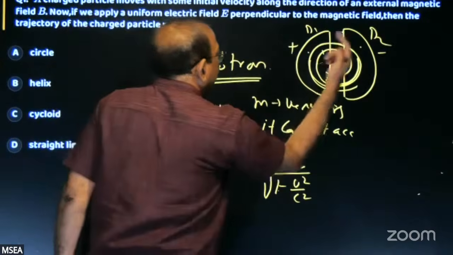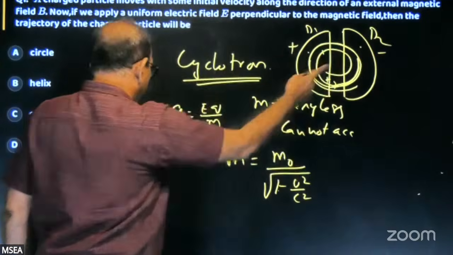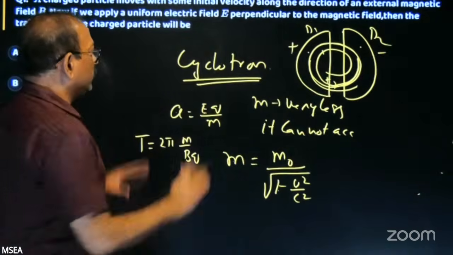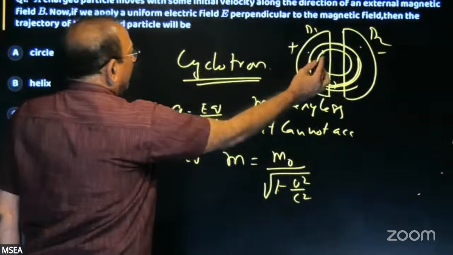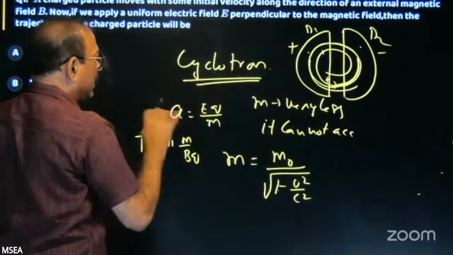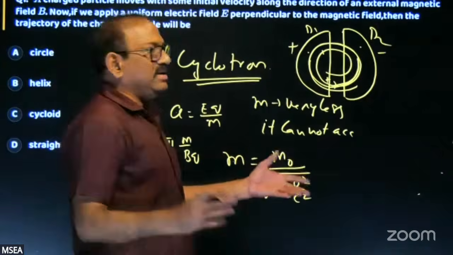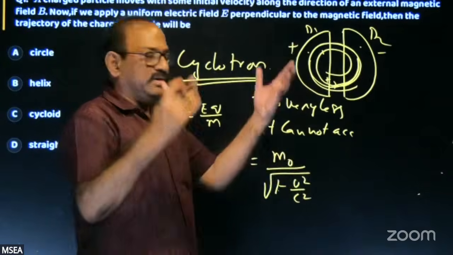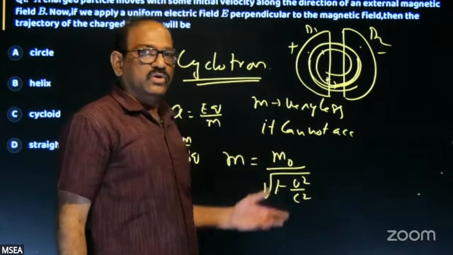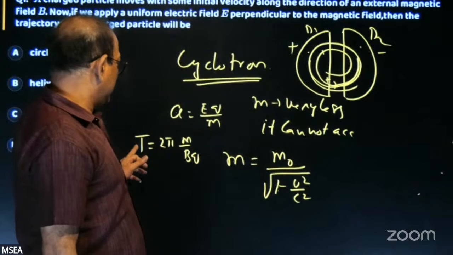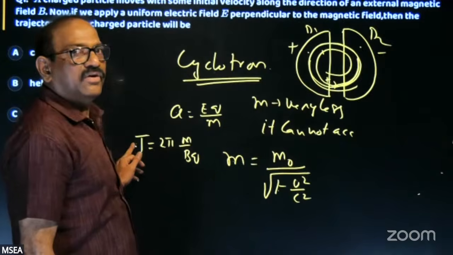The time period at which the electric field gets reversed must be equal to the time period of revolution, so they will adjust that. But here what is happening? If the electron reaches high speed comparable to the velocity of light, its mass increases. Time period will increase, the time period of the electron.